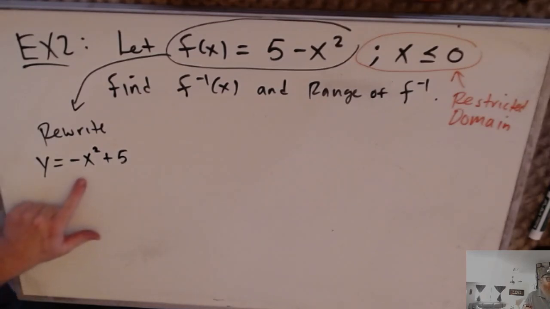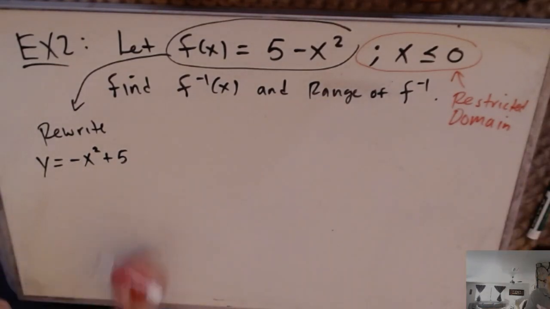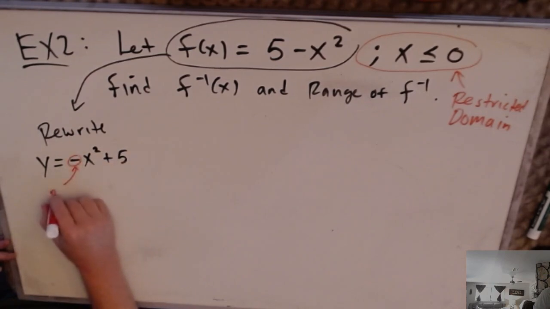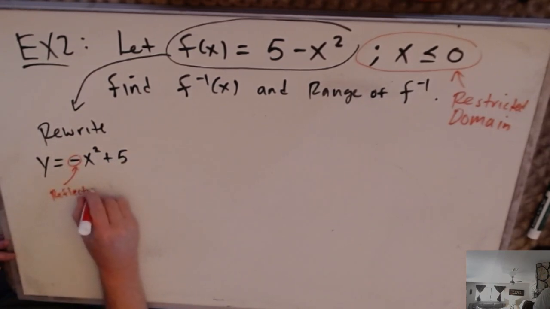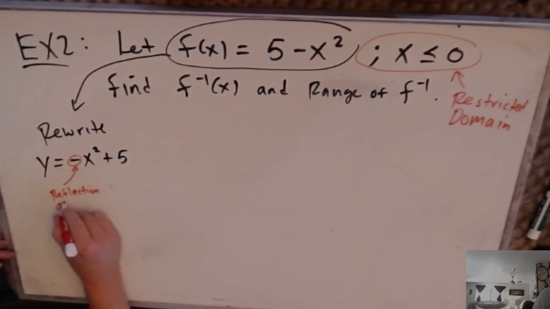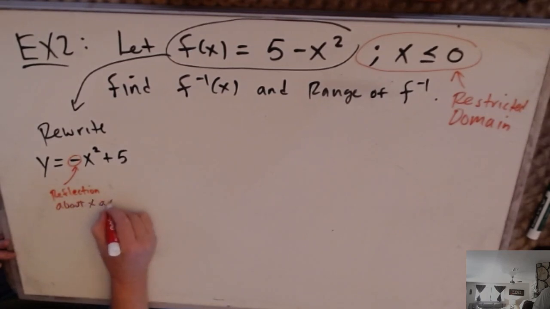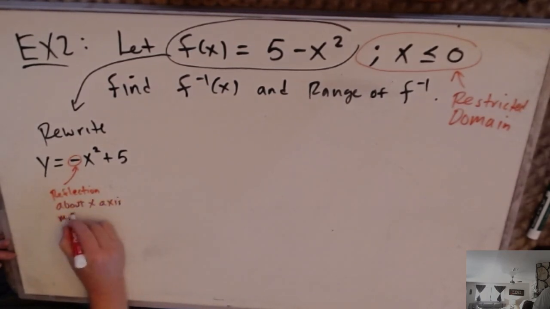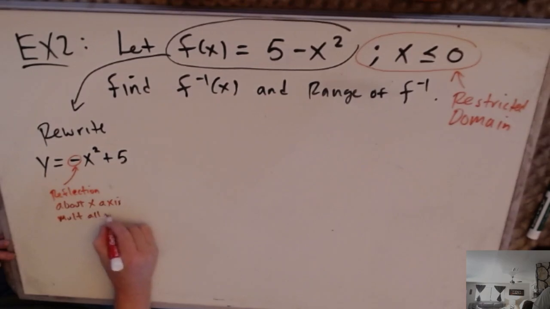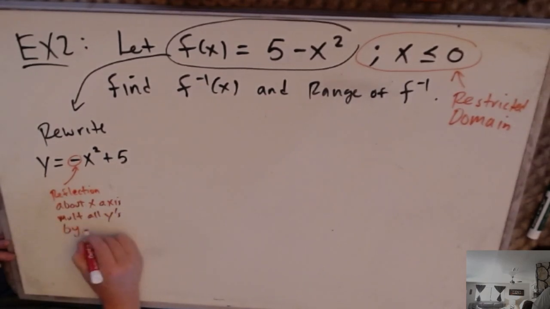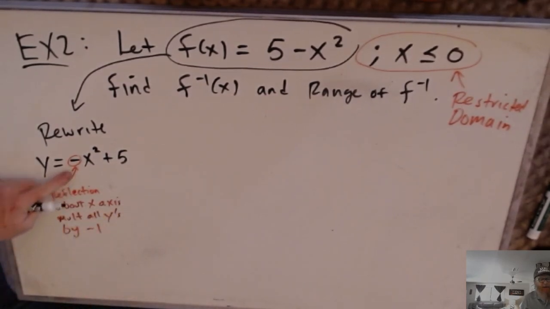And then you have a reflection about the x-axis, by multiplying all the y's by -1. Yeah, that negative sign really acts like a -1.